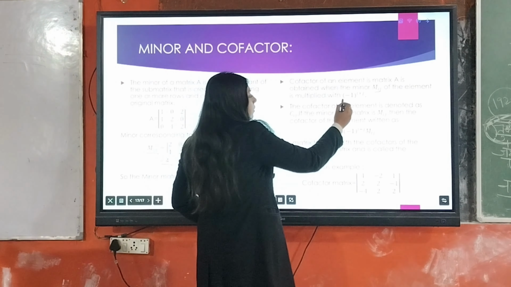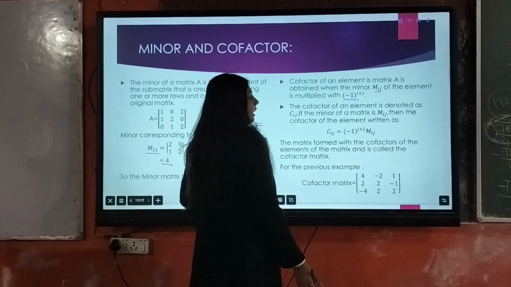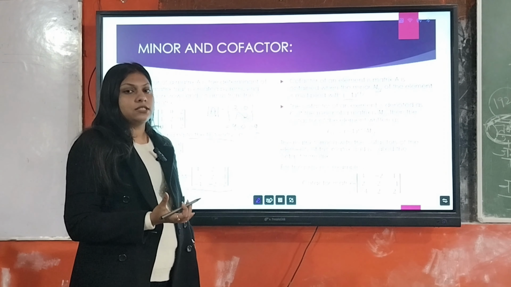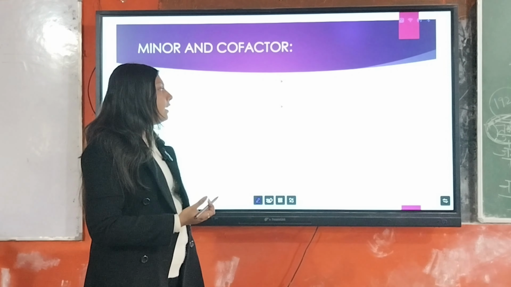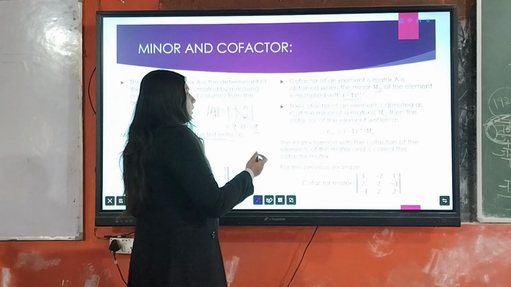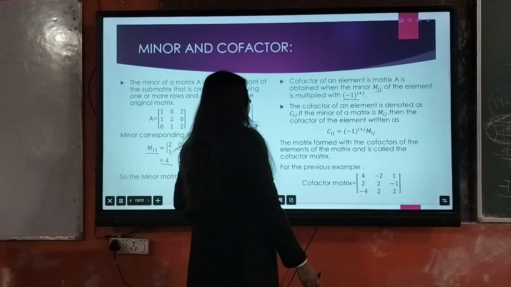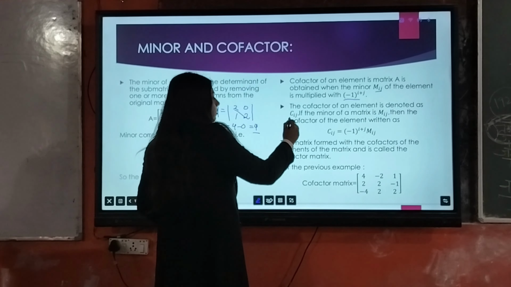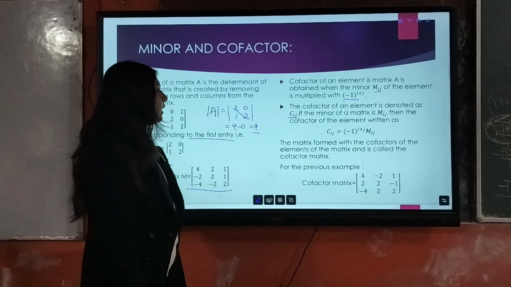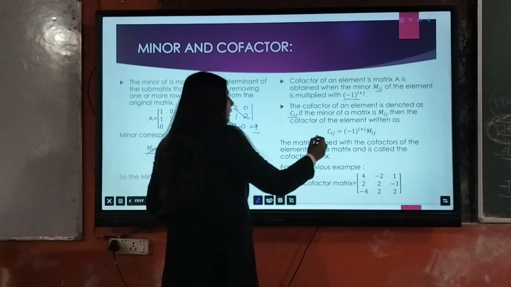So we multiply it with minus 1 to the power of the sum of the indexes. The cofactor of an element is denoted as Cij. If the minor of a matrix is Mij, then the cofactor of the element is written in this way.